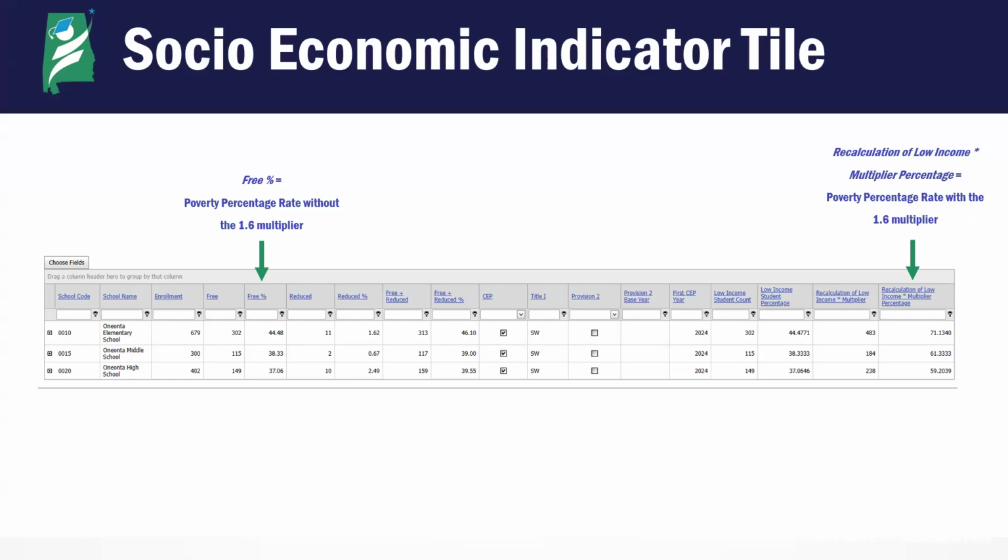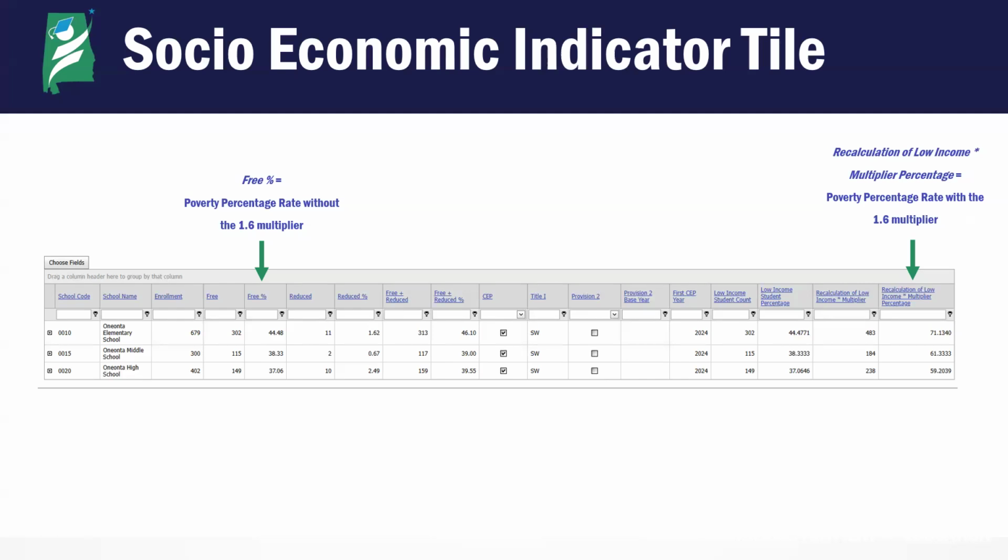That's the column that you need to look at and compare those poverty percentage numbers with the option if you were not to use the multiplier. That option is going to be the free percentage column. So you can see with the very first school there, I'm looking at a poverty percentage of 71.13% with a multiplier, or a poverty percentage of 44.48% without the multiplier. So those are the two things that I'm comparing.